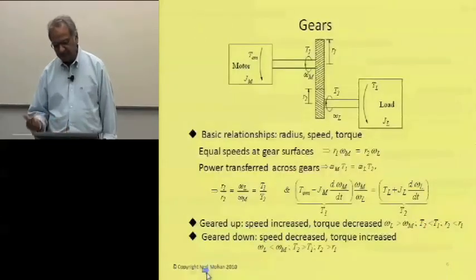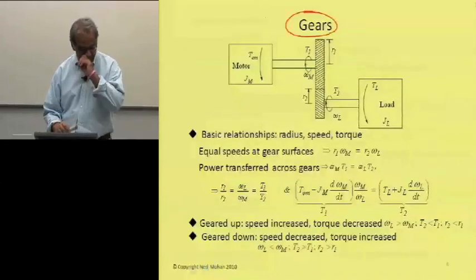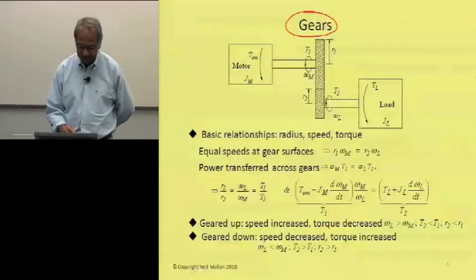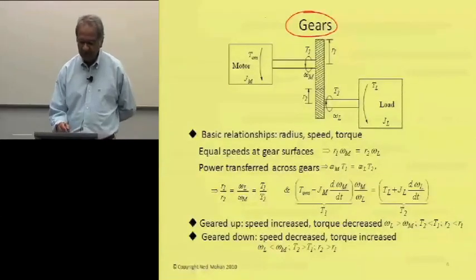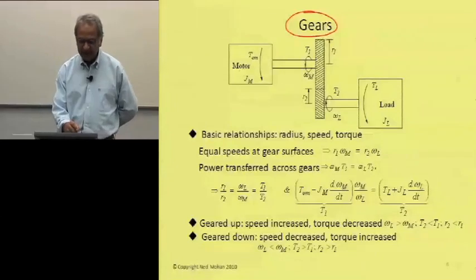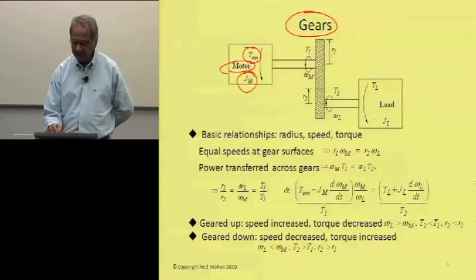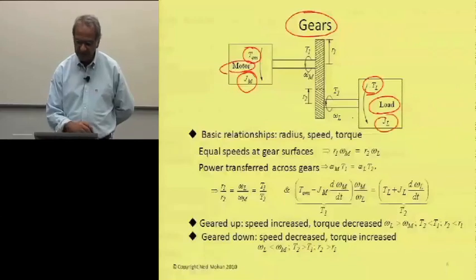So let's go on to another mechanism, which is gears, as I mentioned, very commonly used. And here we are gearing it up, that is, we are increasing the speed of the load. That's how this drawing is put together. We have this motor producing this electromagnetic torque, its inertia over here, and then we have this load which produces this opposing load torque and its moment of inertia.